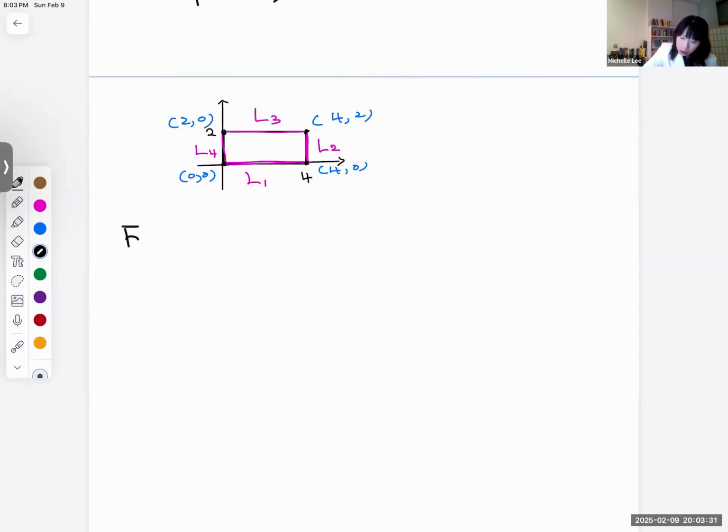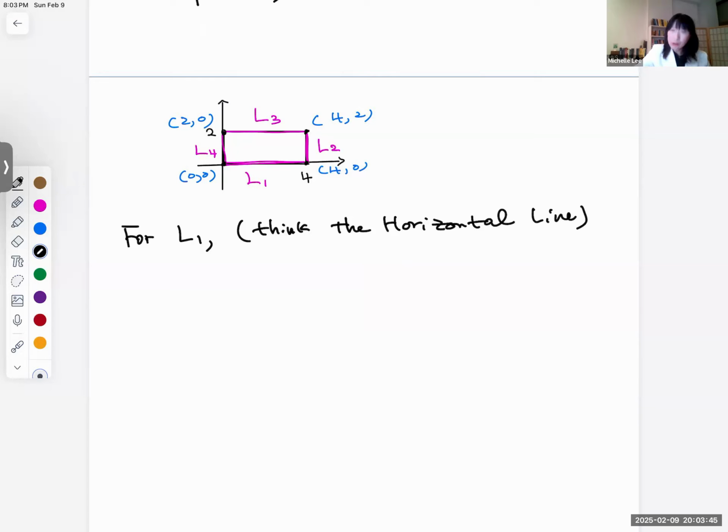For L1, think of the horizontal line. If it's a horizontal line, how do we express the equation? Y equal to something. In that case, it's 0, so y equal to 0.